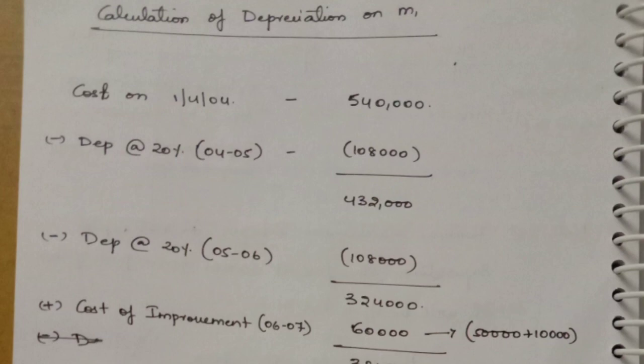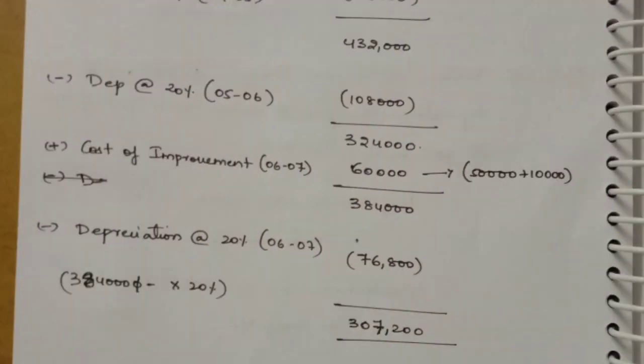Now the original cost we will consider is 3,84,000, because we are incurring some expenditure. After adding this cost of improvement, you will get the cost of machinery as 3,84,000. On this 3,84,000 you need to calculate the depreciation.